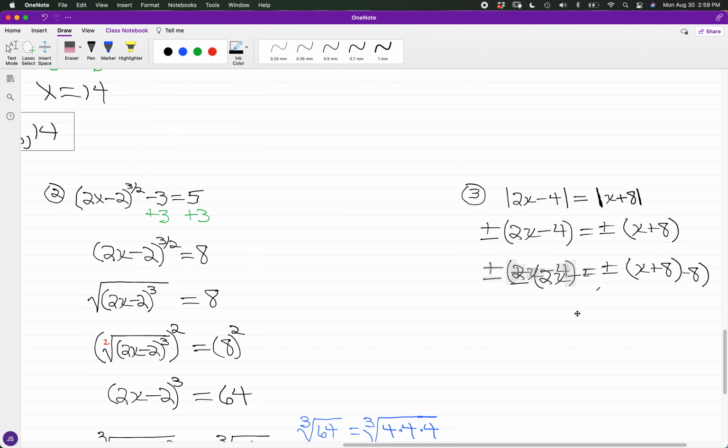So plus or minus the quantity of 2x minus 4 equal to plus or minus the quantity of x plus 8. And say I want to work with 2x minus 4 in both cases, so say I have 2x minus 4 equal to x plus 8, where all the terms will be positive throughout.